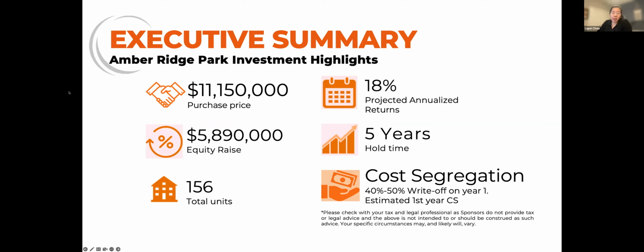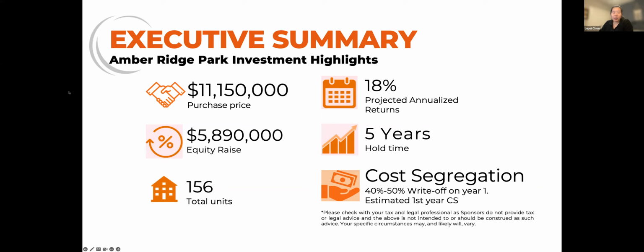So one of the biggest benefits in commercial property is that we are able to accelerate the depreciation. So typically you have 27 years for a residential property, and then you can't really accelerate it, right? So you're just gonna take like 1/27th of it every year until 27 years. But in commercial real estate, we can accelerate the depreciation.